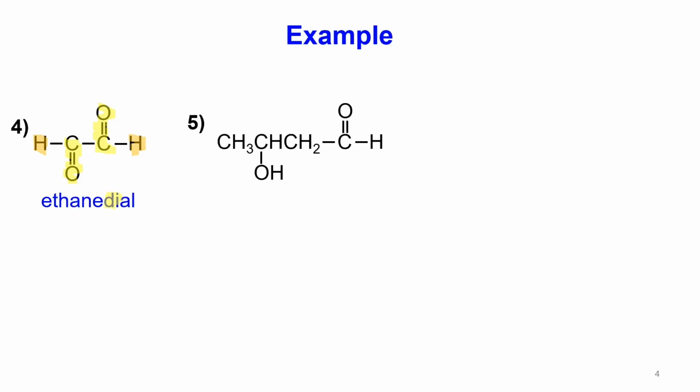Example 5. In this structure, it has two functional groups, which are a hydroxy group and a carbonyl group. We choose the carbonyl group as the parent chain compared to the hydroxy group due to priority.